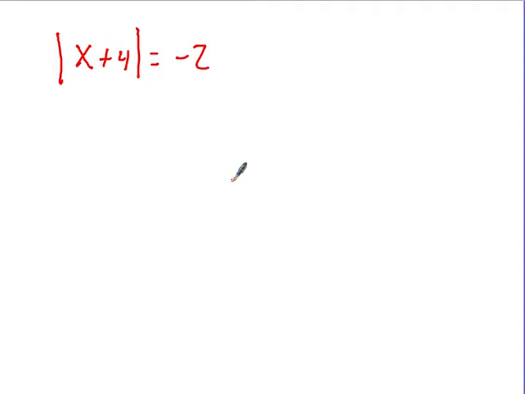So would we just solve it still case 1, case 2? Yeah. Okay. So oops, I don't need the absolute value. X plus 4, case 1. It equals negative 2.